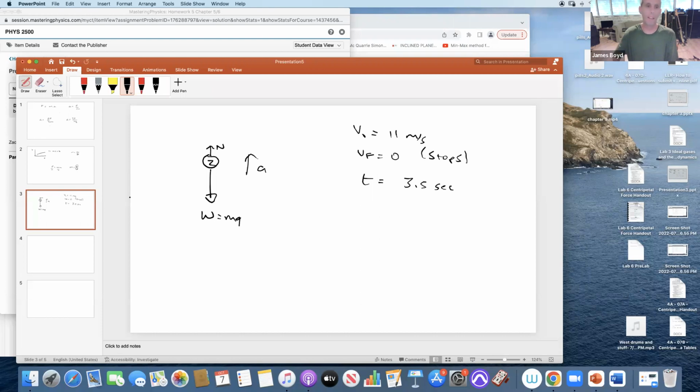Our acceleration will end up being negative. I'm going to actually assume that y, let's call it, is down. That means that our a is going to be negative because as it drops, it comes to rest. So it's slowing down. Now we know that v final is v initial plus at. And from this, v final is 0. We get that v initial is minus at.